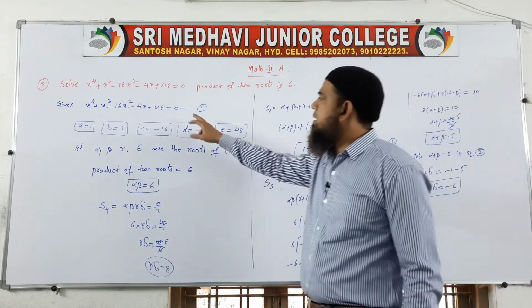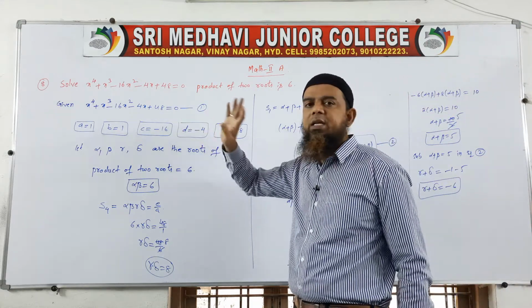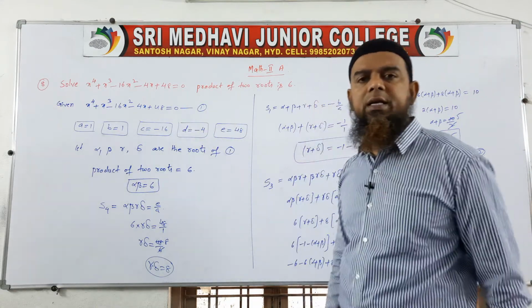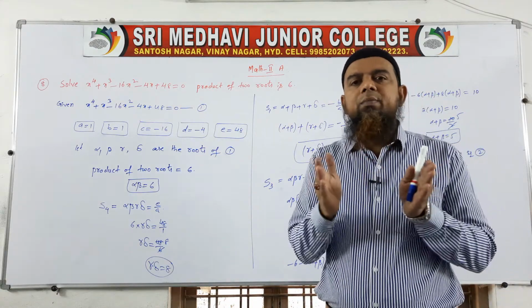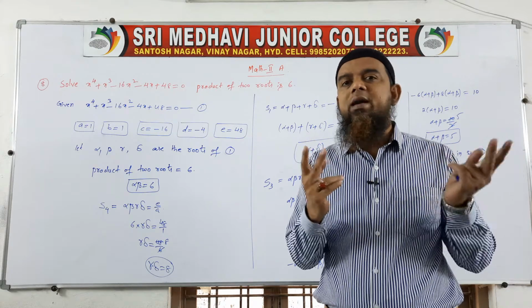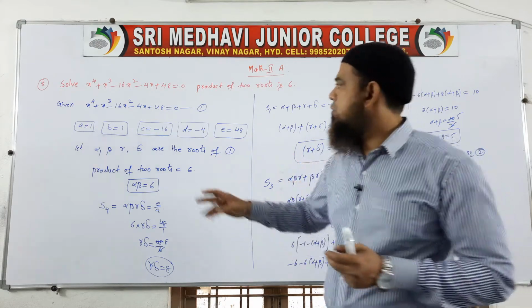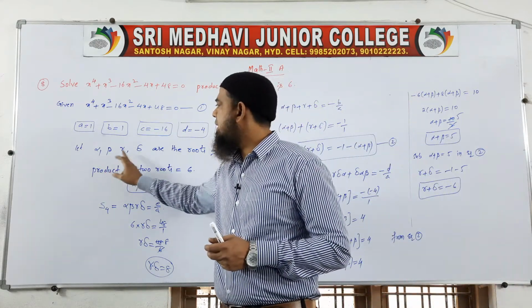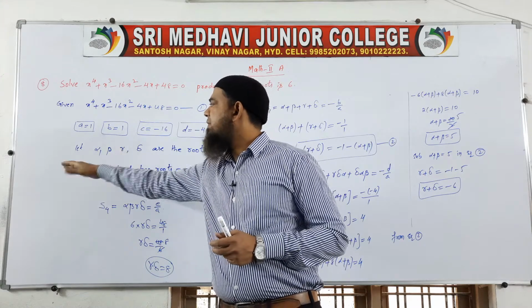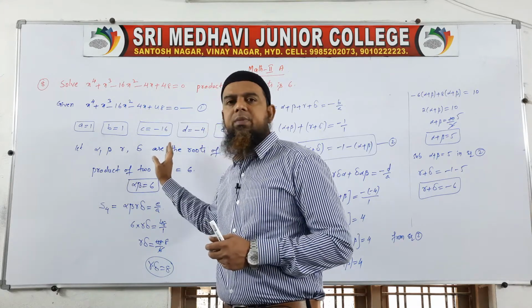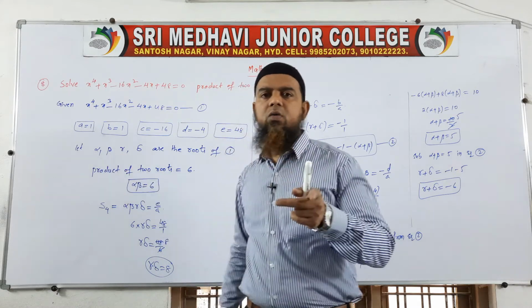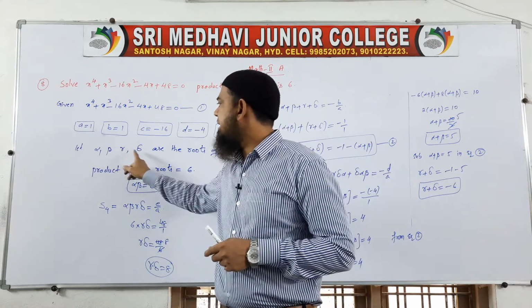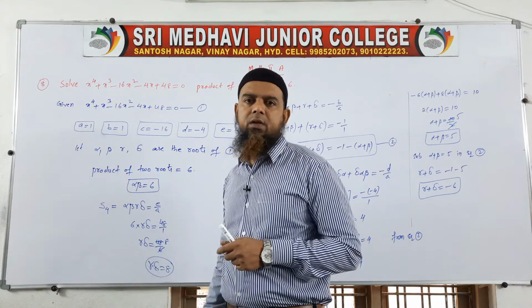Actually the given polynomial is a 4th degree polynomial. In a 4th degree polynomial, when you cut it into equal parts, we get 2 quadratic equations. Totally 4 roots are there: alpha, beta, gamma, delta. When you separate alpha, beta and gamma, delta, alpha comma beta is one quadratic equation, gamma comma delta is one quadratic equation.